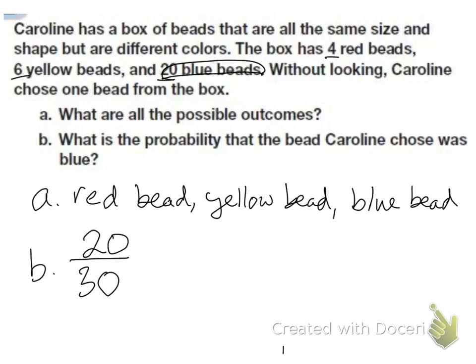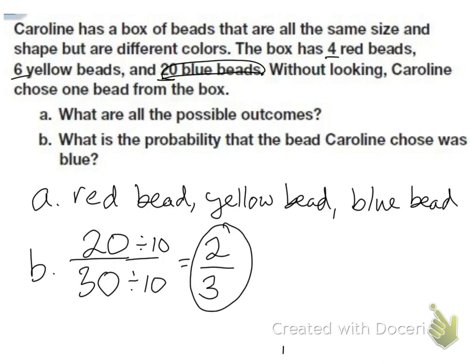So I don't like leaving fractions like this. I always want to reduce if I can. So I know I can divide both 20 and 30 by 10. 20 divided by 10 is 2, and 30 divided by 10 is 3. So the probability that the bead chosen is blue is 2/3.